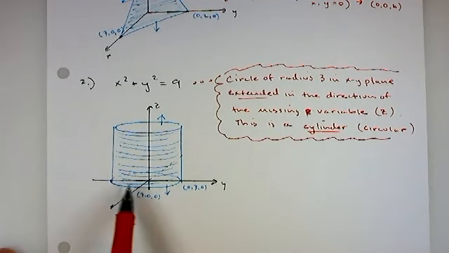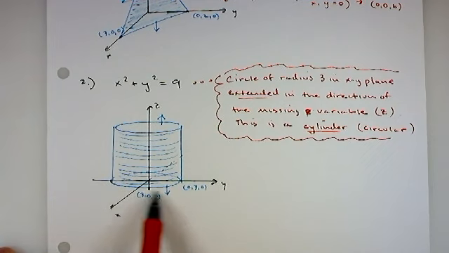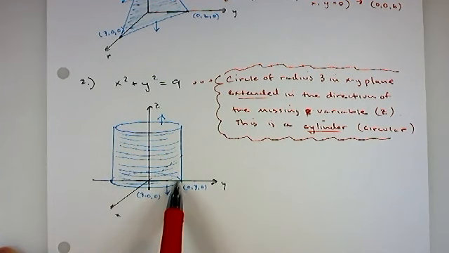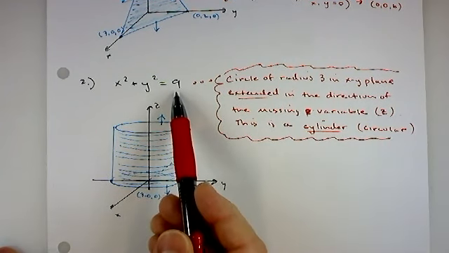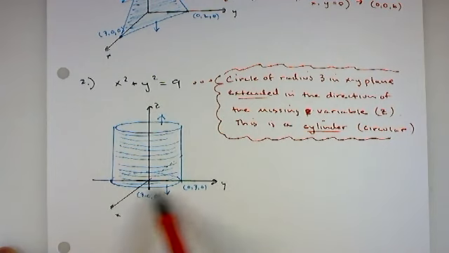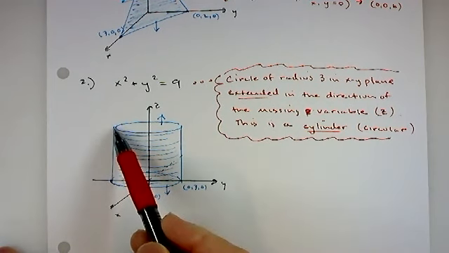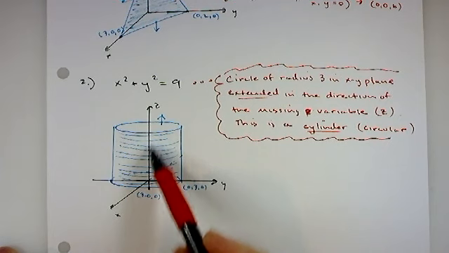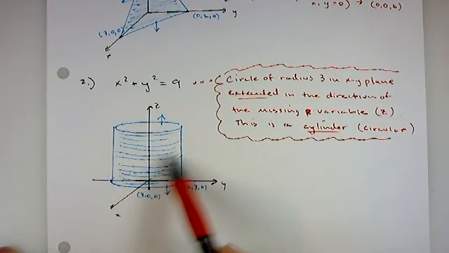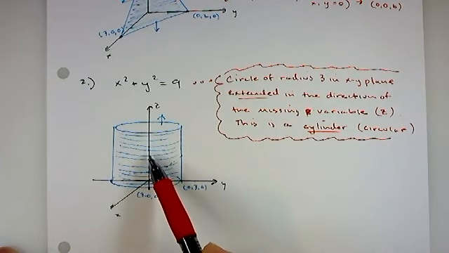The way we plot that in three dimensions is that it's a circle with a radius of 3 on the xy plane, on the xy axes. And notice z is missing in this equation. So what we do is we take that circle and imagine extending it in the z direction, up and down. I'm just going to extend it upwards. And so what you actually get is a cylinder, a circular cylinder.